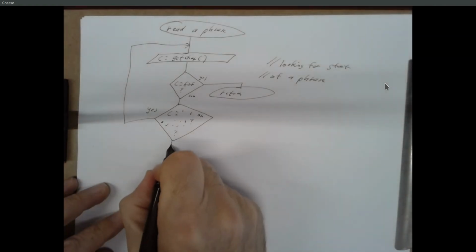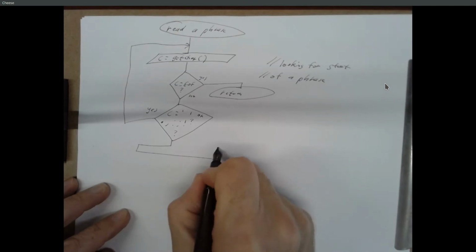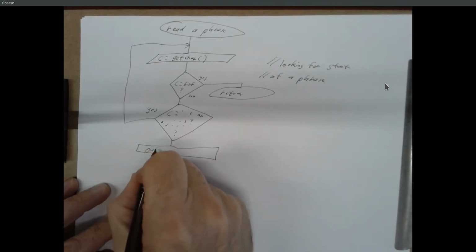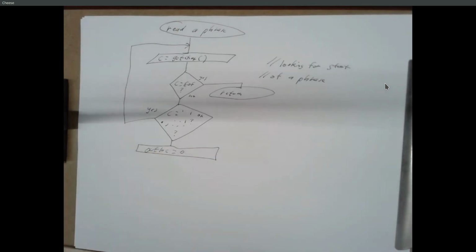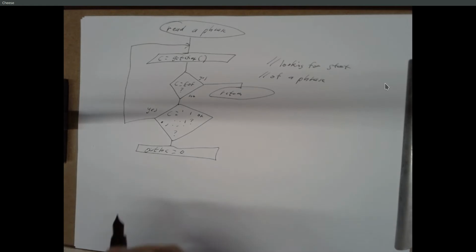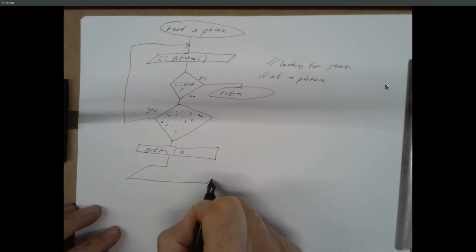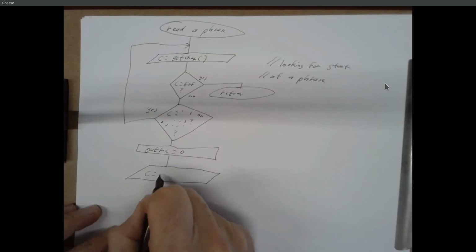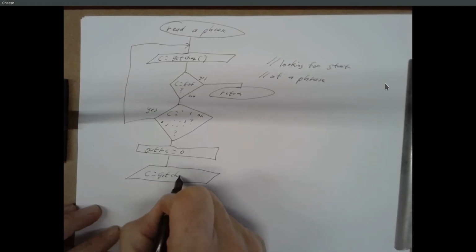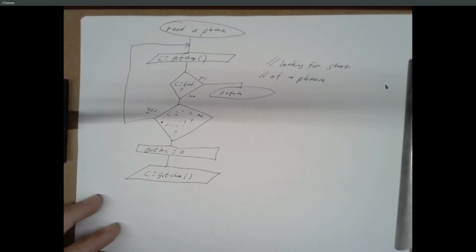So let's do our usual trick. Let's keep track of where we want to save things in our output array. So we'll have an output location and initialize it to 0. And we'll get a character.